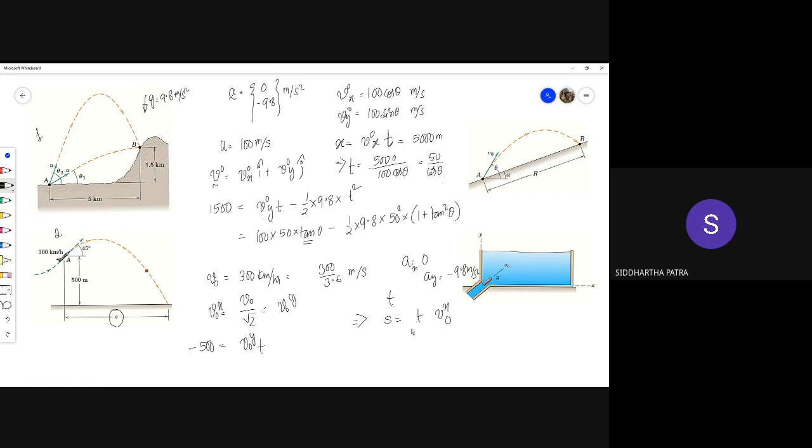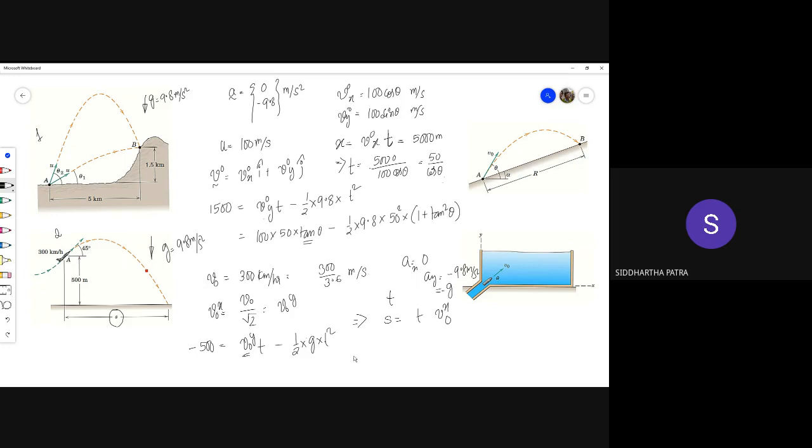This time you are supposed to directly put t, because v0y is something that you know, minus 1 by 2 g t squared. Okay, so g of course is 9.8 meter per second squared.